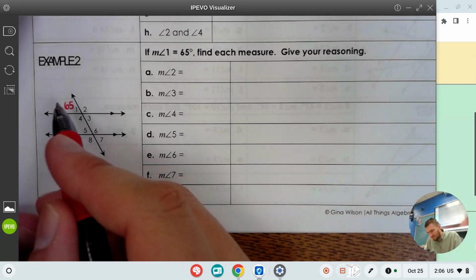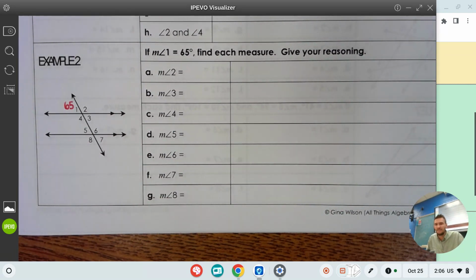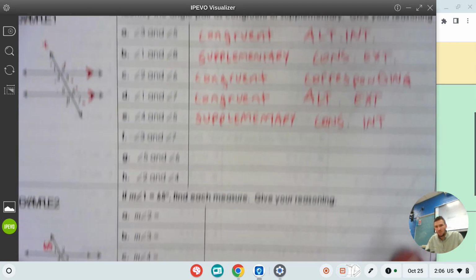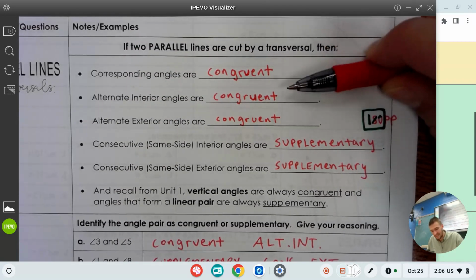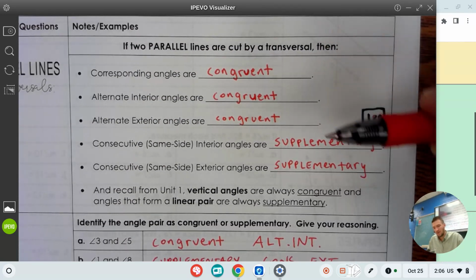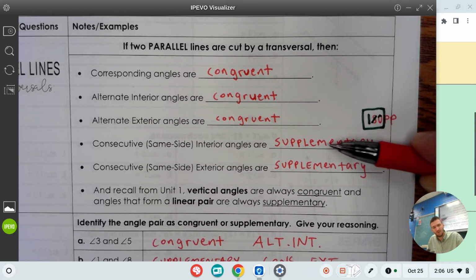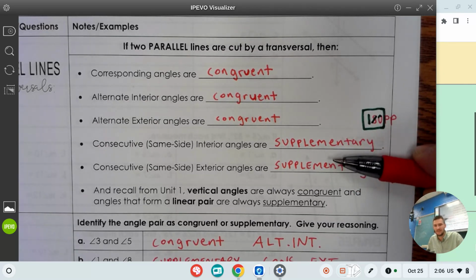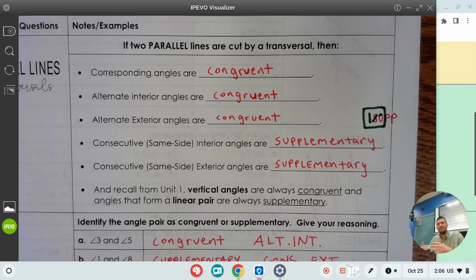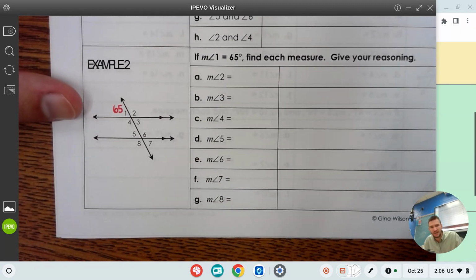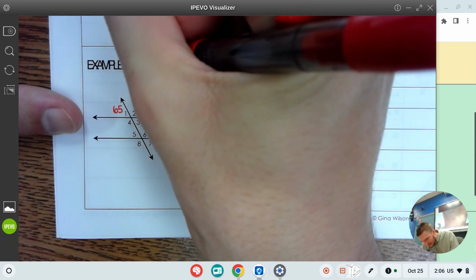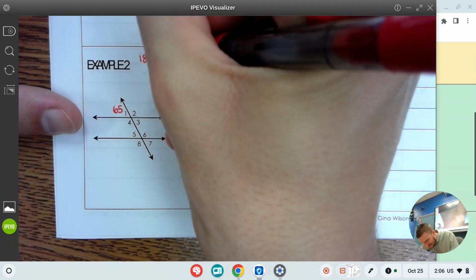Now, if we know that that's 65, we know that we're going to have a lot of them that are 65, 65, 65. What are we going to get for all of these supplementary options? The supplementary needs to be the number that adds together with 65 to make 180, okay? In other words, we can do a real quick math. What is 180 minus 65?